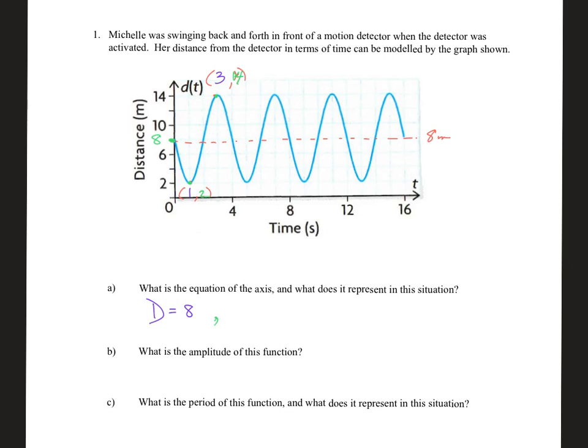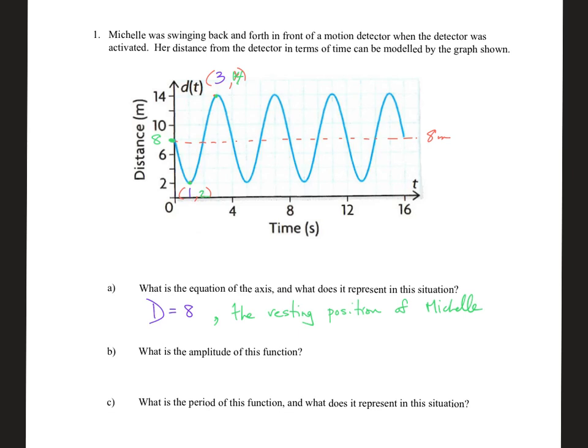It would actually represent the resting position of Michelle. Once Michelle stops swinging, she's going to lie 8 meters away. Now, we could also make a note that the equation of the axis, because it's 8, would represent the starting position, but we have to be very careful. Don't make a comment about the starting position, because it could have been quite easy that Michelle started swinging at another distance.